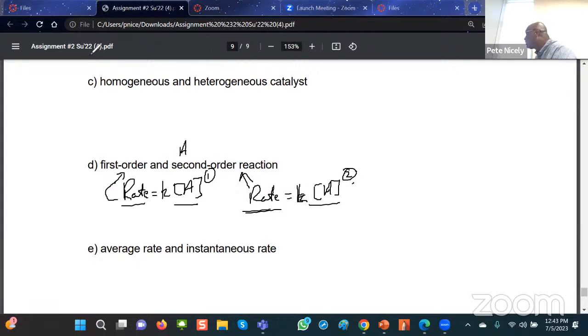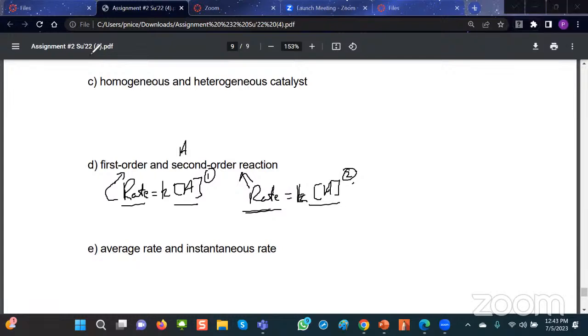I'm going to require that, okay, today is the 5th, this will be due on the 7th, which is Friday at midnight. All right, so let me do this here. More options.